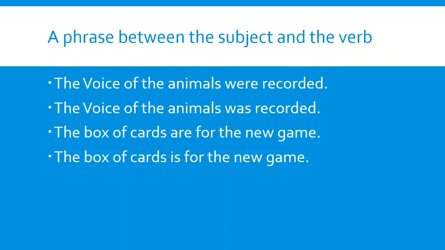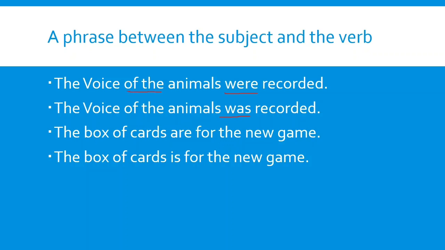The voice of the animals were recorded. The voice of the animals was recorded. Majority of the students will definitely identify which one of these two is correct. But some students may still get confused. Why? The reason, the phrase of the animals.